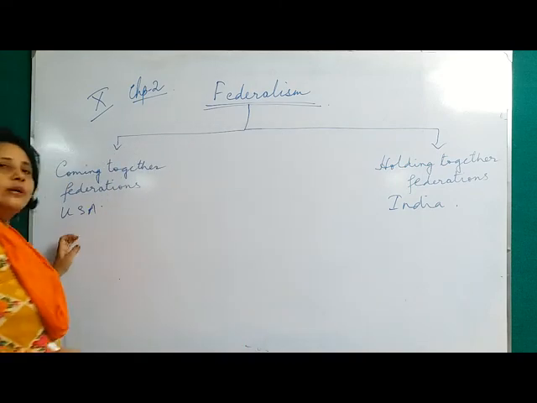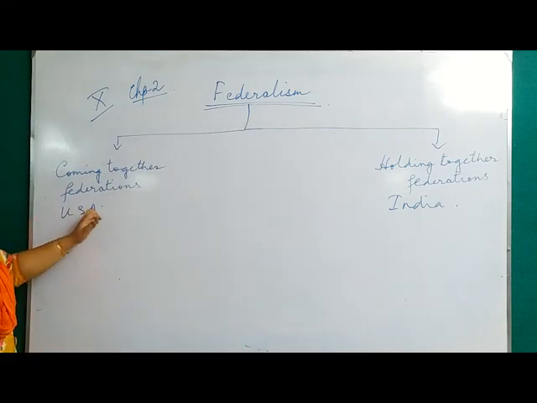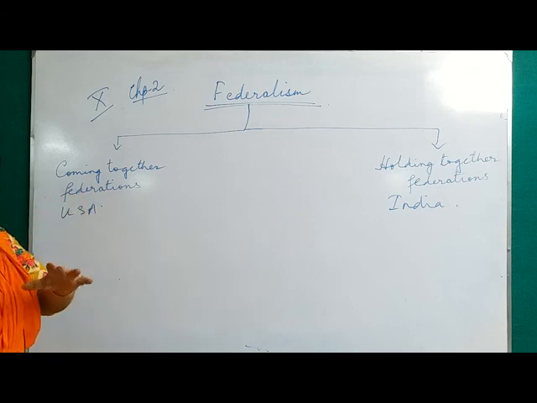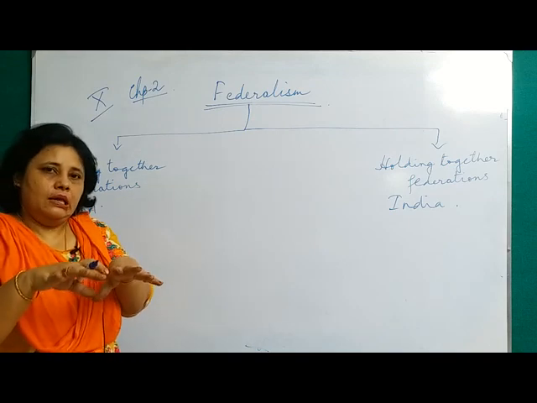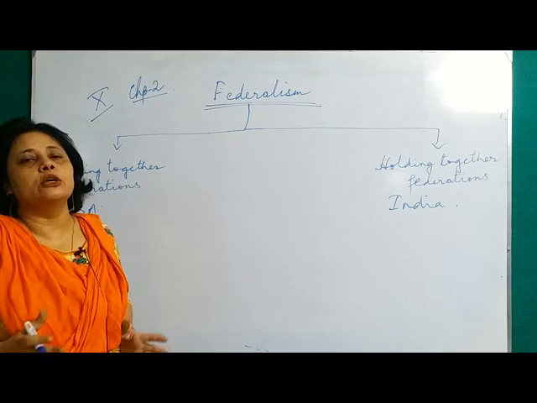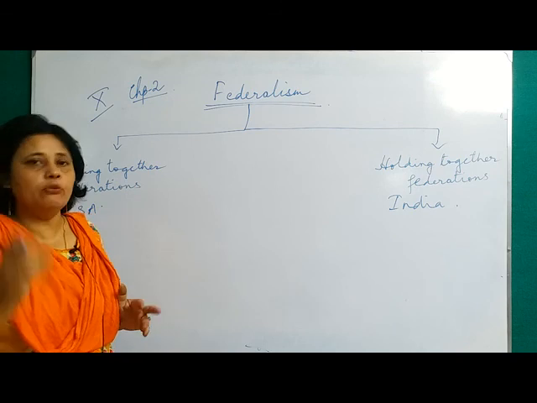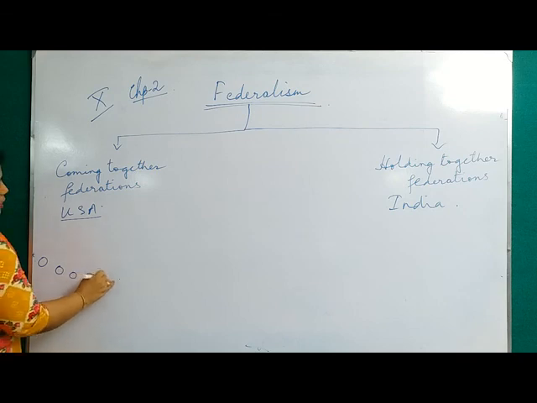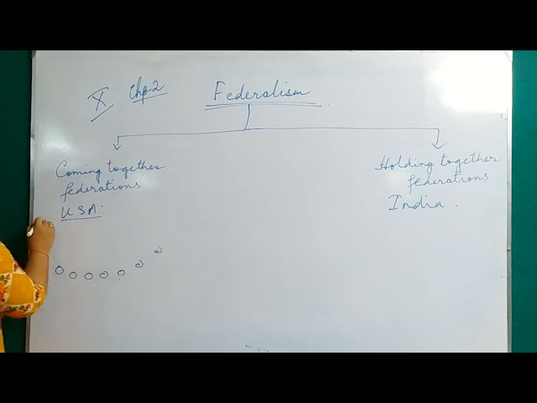You see that USA, it's known as United States of America, which means that several states together came together and formed the huge continent of America. I'll give you one example here. USA was a combination of as many as 13 states. Clear?